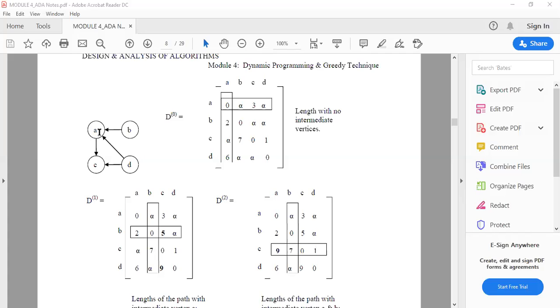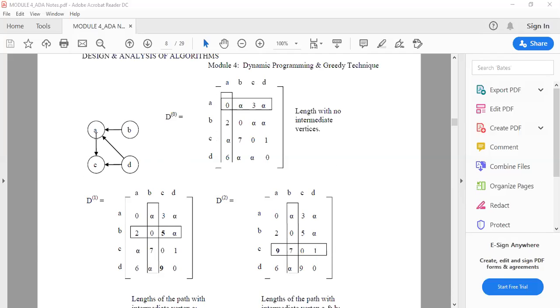So here, if you see, A to A the value is 0. A to B, there is no edge, so the value is infinity. A to C, there exists an edge, so the value is 3. A to D, there doesn't exist an edge, so the value is infinity. Similarly, you have to take it for all the rows.